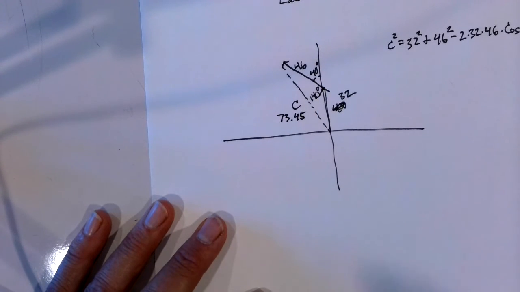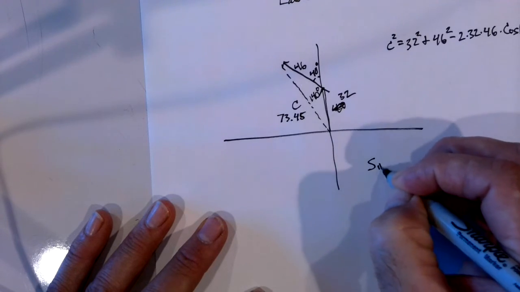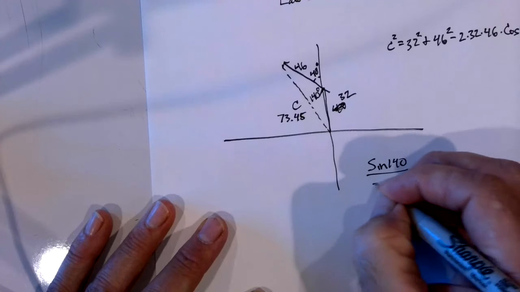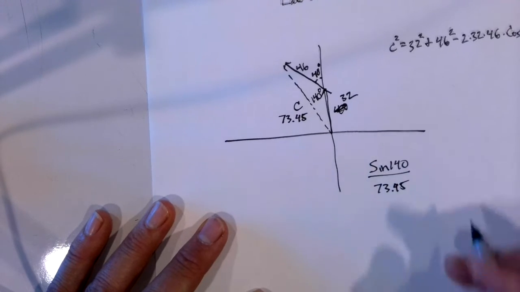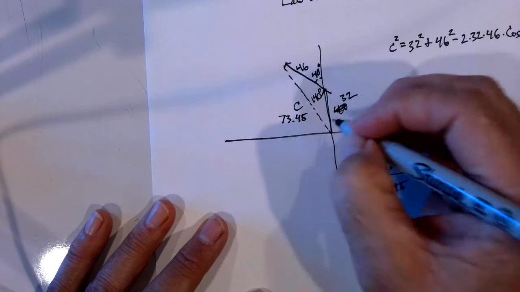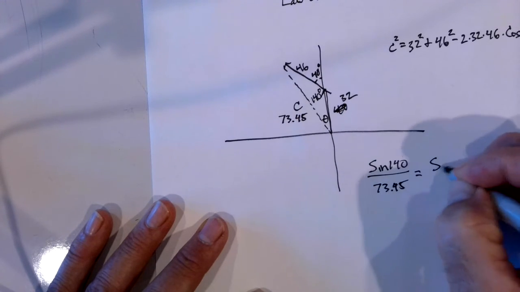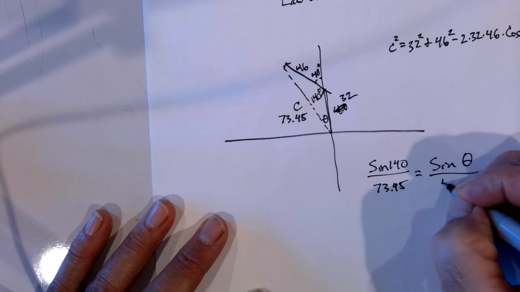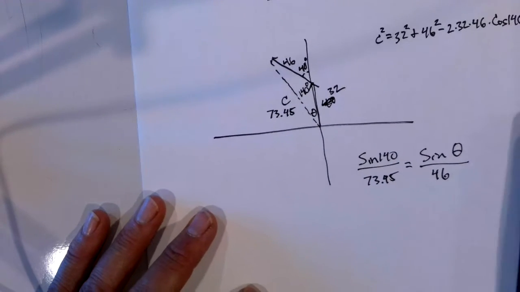Now I could do something very simple. Set up the law of sines. Sine of 140 divided by 73.45, because I now have the opposite side, is equal to, call that theta, sine of theta divided by the opposite side, which is in fact 46.